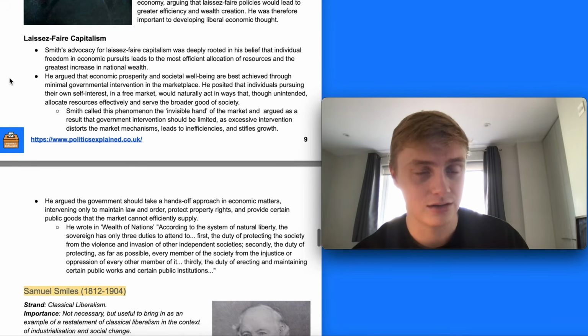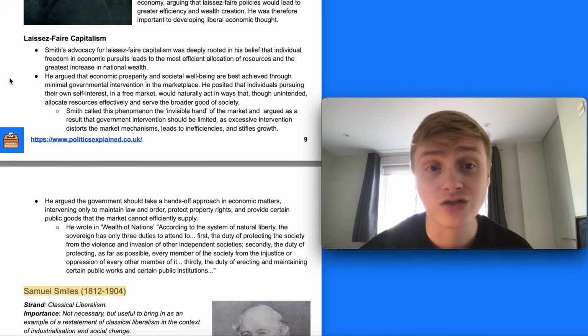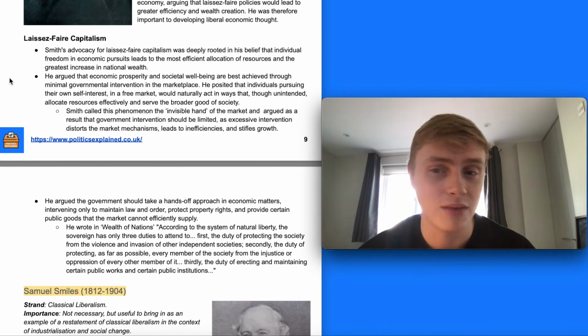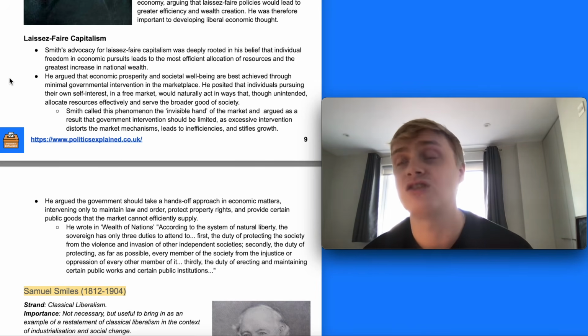He argued that economic prosperity and societal well-being are better achieved through minimal state intervention in the economy, and through individuals pursuing their own self-interest. So maybe this is an egoistical individualism view. They'd naturally act in ways that would allocate resources effectively and therefore contribute to societal progress.